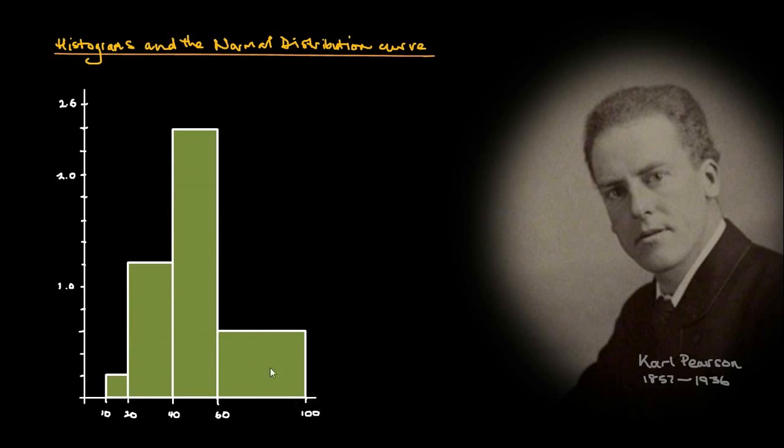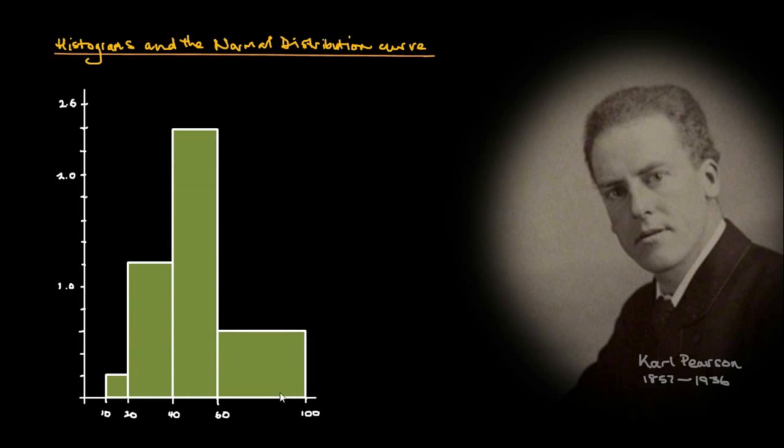Now, to superimpose a normal distribution curve effectively, so that I can draw some pretty reliable conclusions about whether this is normally distributed or not, one thing I like to do is think about the number of bins there would be, say, in a Galton board where the balls are dropping into bins. Now, this time we haven't got equal class intervals, so we've got a problem.